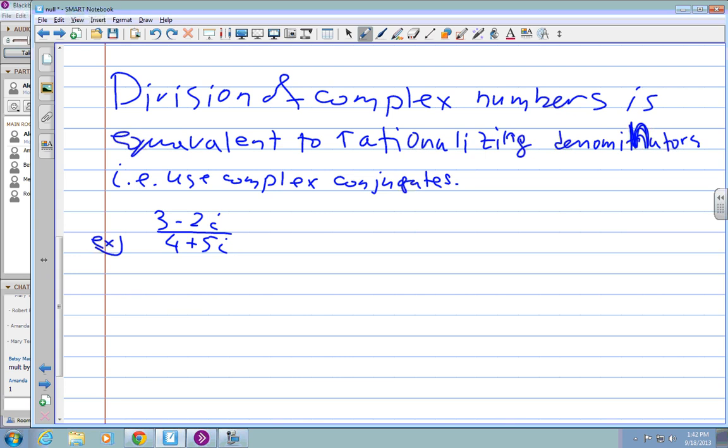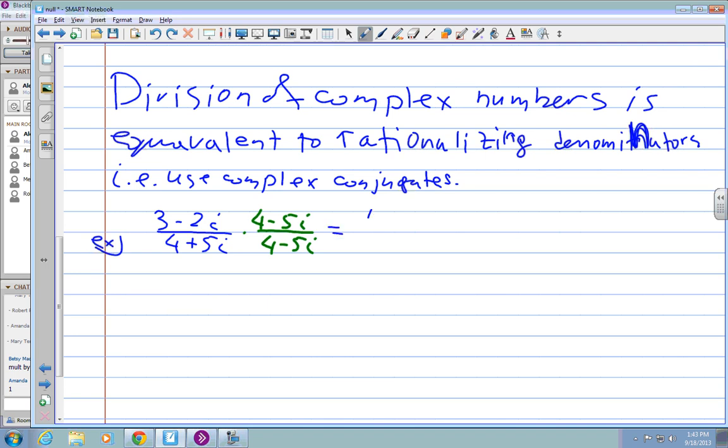So anyway, multiply by the complex conjugate, which is 4 minus 5i divided by 4 minus 5i. That's how we divide complex numbers. We turn the denominator into a real number.